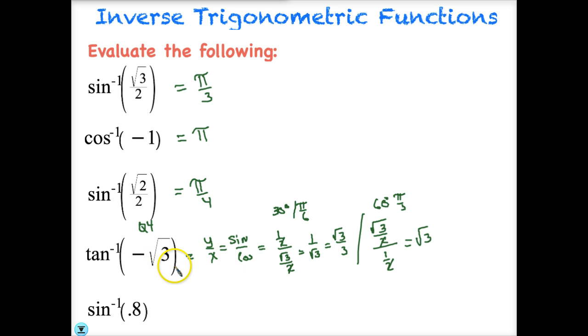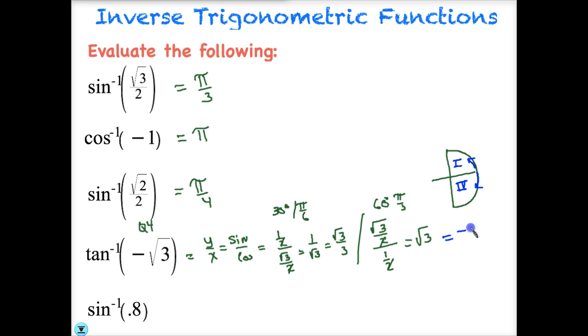So how do we write this? Well, when we think about our domain restriction on our unit circle, we are only in quadrant 1 or quadrant 4. We don't rotate through quadrants 2 or 3. So it either has to be a rotation up into quadrant 1 or a rotation down into quadrant 4. Since this is negative, then we know we need to rotate down.